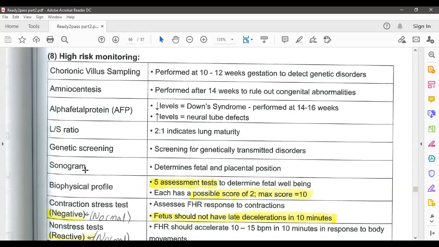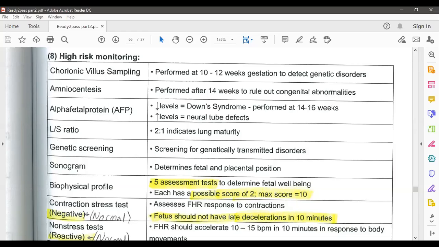Even fetal sex. So how do you prepare a mother for a sonogram? Have the patient drink 1 quart of water prior to the procedure, right? So before the test, better tell the patient to drink water.